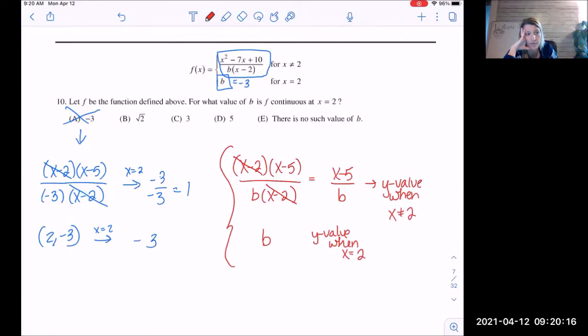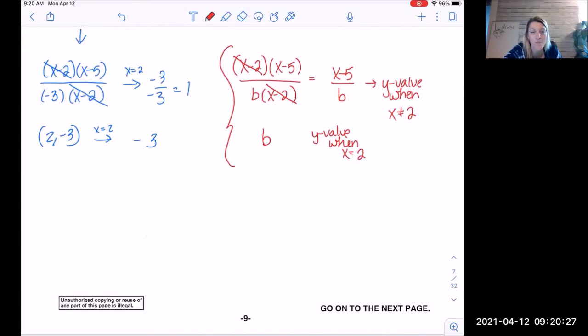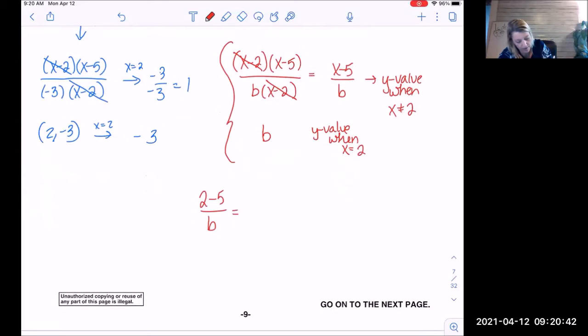You with me? That's just what the piecewise means. So I need to know what b makes them in the same spot. So I need to know when x equals 2, which is my unsure point, that's 2 minus 5 over b equals b.